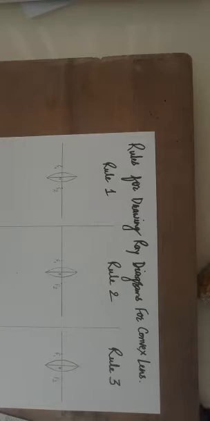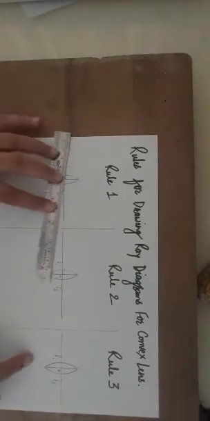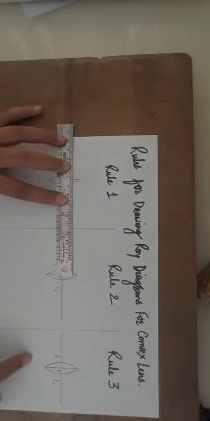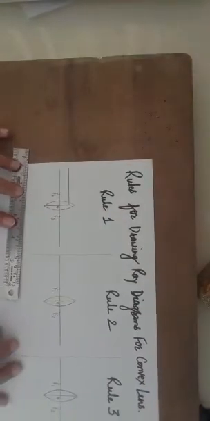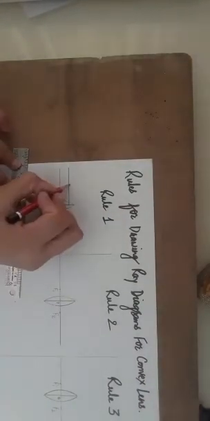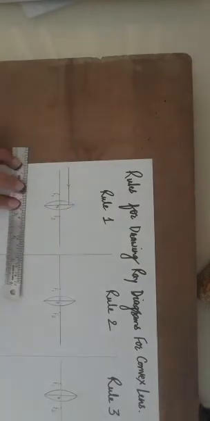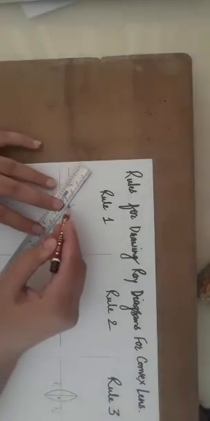So according to the first rule, when an incident ray is parallel to the principal axis, the refracted ray passes through the principal focus. So here we are going to study the first rule, and according to the first rule, if there is an incident ray that is parallel to the principal axis, so this ray here is parallel to the principal axis, and after refraction it passes through the focus.